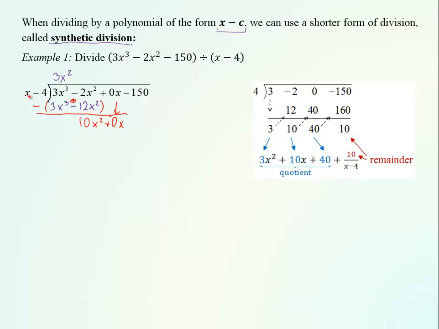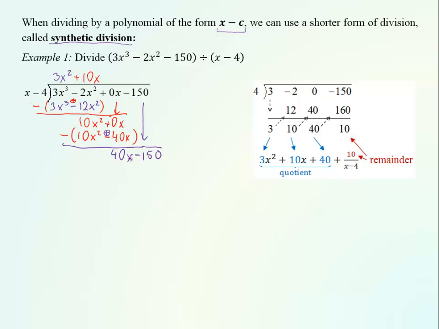And again, x goes into 10x squared, 10x times. Multiply, so it's 10x squared minus 40x. And then bracket around and subtract, which will cause that this is a positive sign and we are adding: 0 plus 40 is 40x, and drop the last term, negative 150.